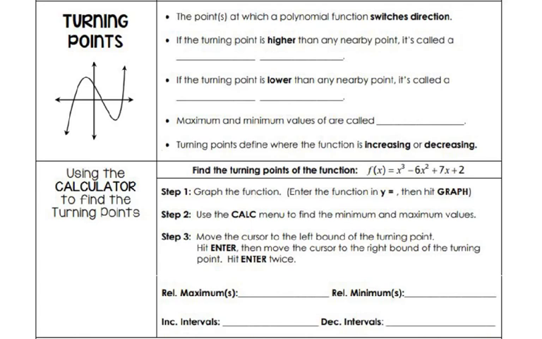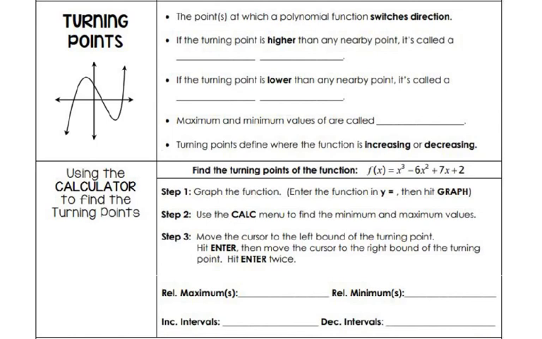All right, of course, we have more features on the graph, and we can get more information from a graph than just end behavior and leading coefficient. We're going to look at the turning points, which are the points at which a polynomial function switches direction.